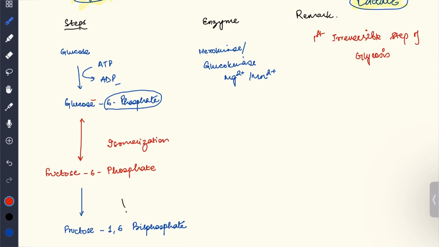What is the enzyme being used? It is phosphohexose isomerase. Hexose because it is a 6 carbon compound. And this is a reversible step.